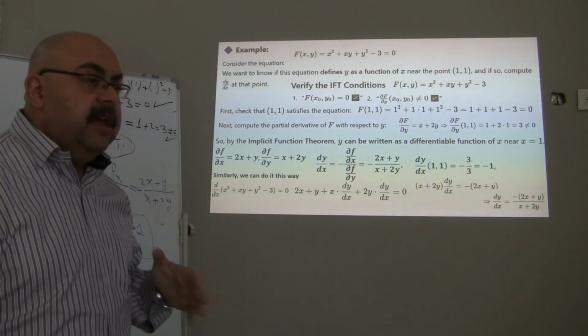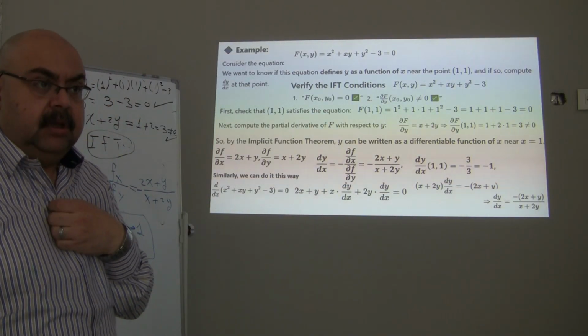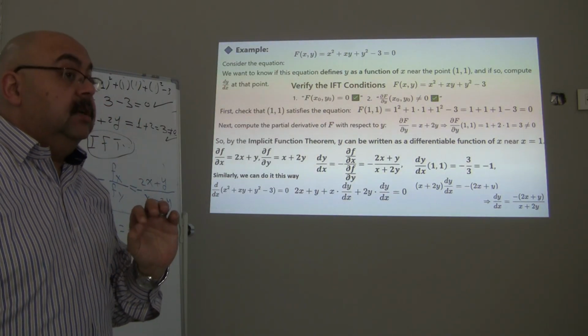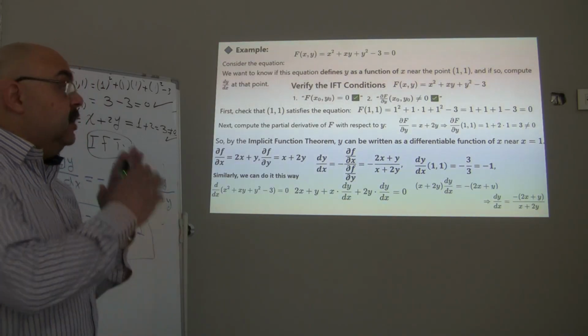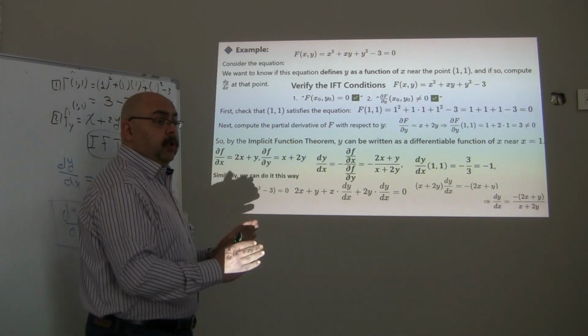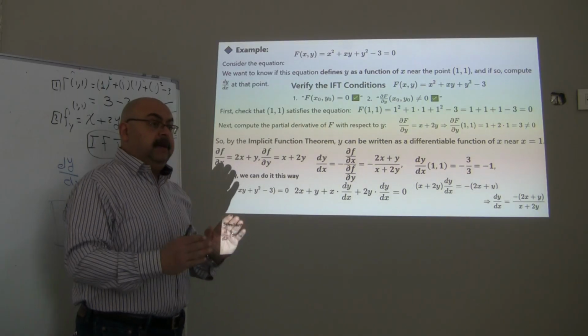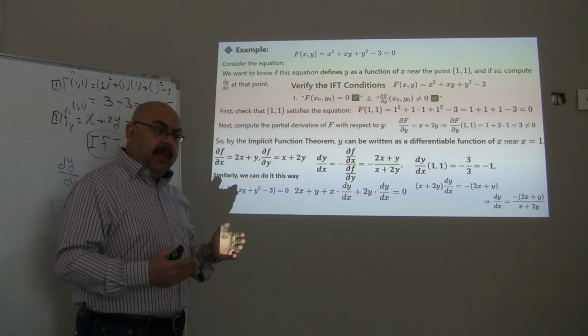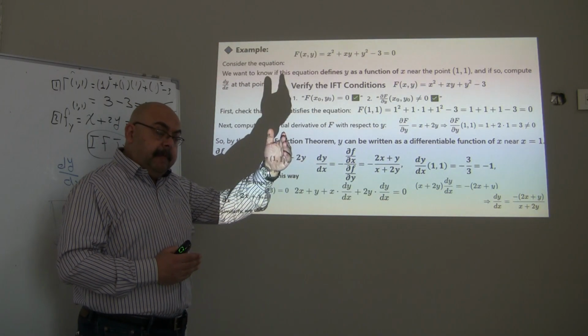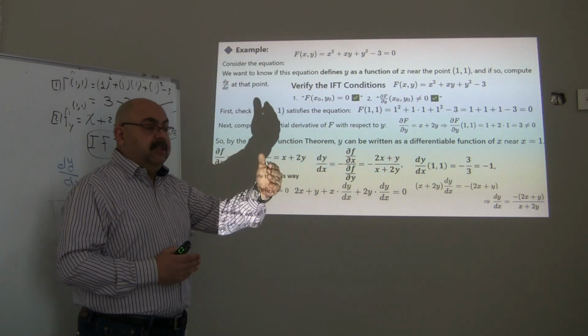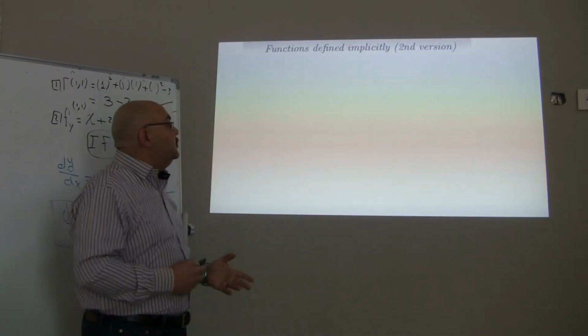But mainly, if we were asked how to apply the implicit function theorem, these are the main steps. First of all, check the function, get partial f partial y, and make the application: partial f partial x divided by partial f partial y with a negative sign.